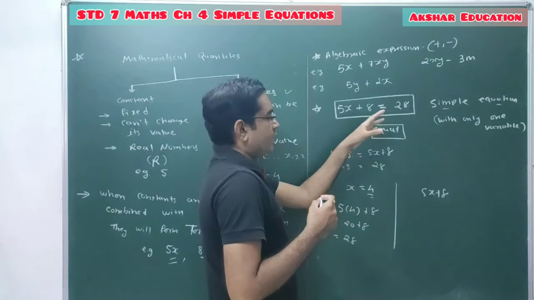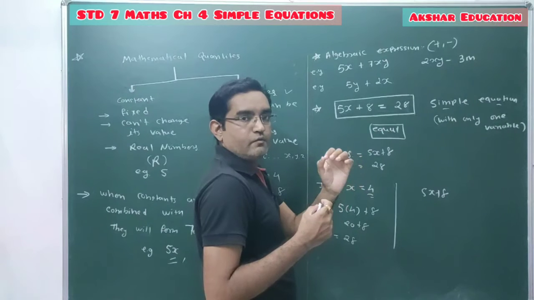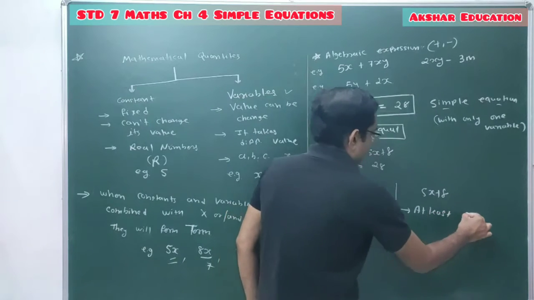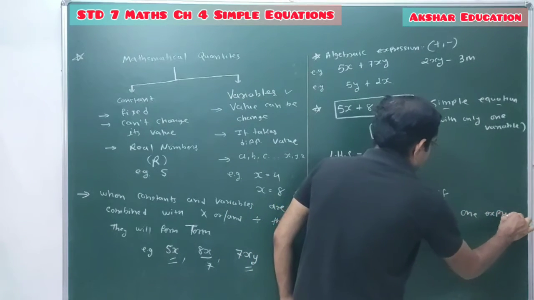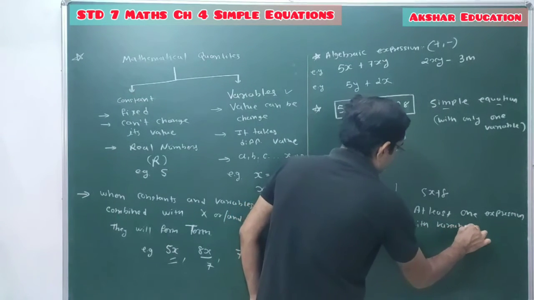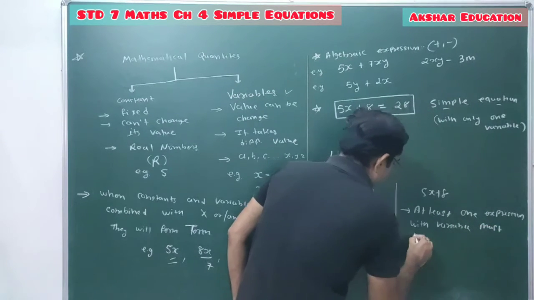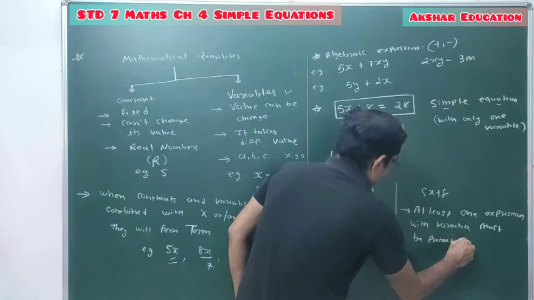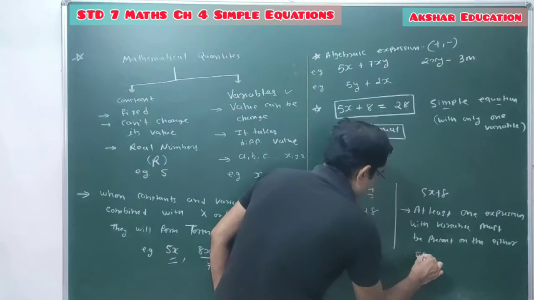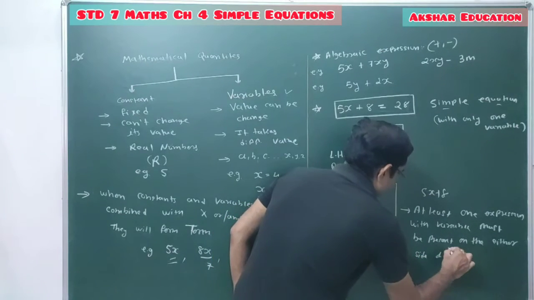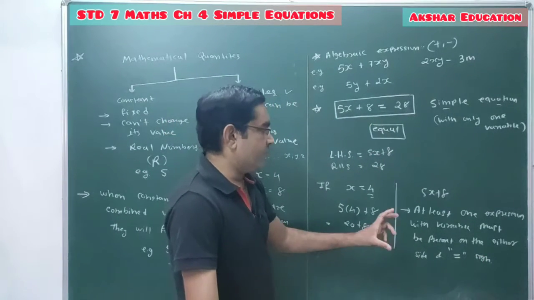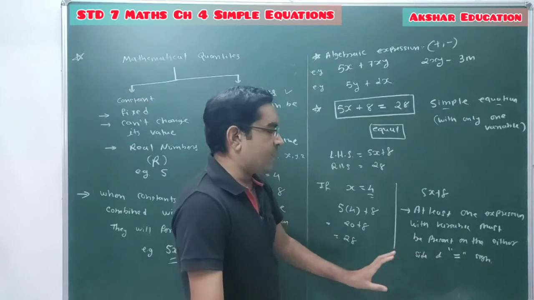We require at least one algebraic expression, at least one expression with a variable, must be present on either side of the equal to sign. What is the meaning of this statement? At least one expression with one variable must be present on either side of the equal to sign.